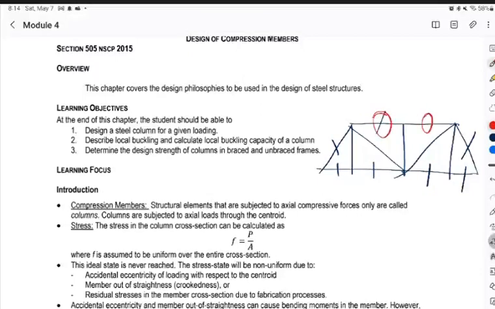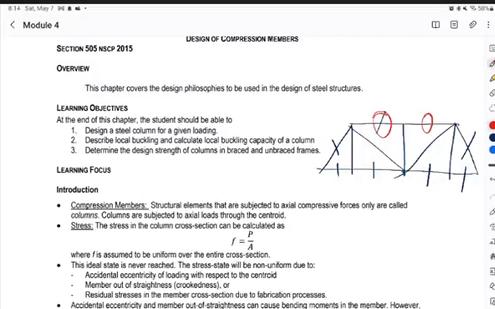So when we design the tension members of a truss, we use what we studied in the last chapter, or last module, the design for tension.